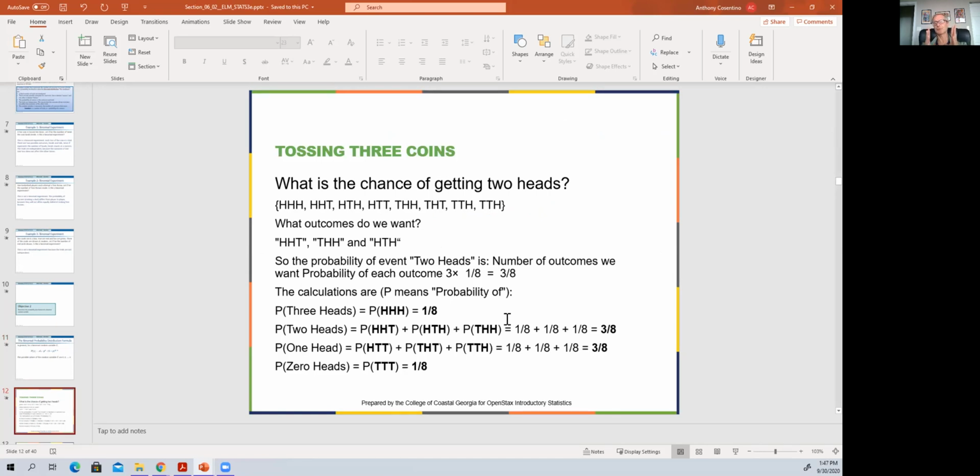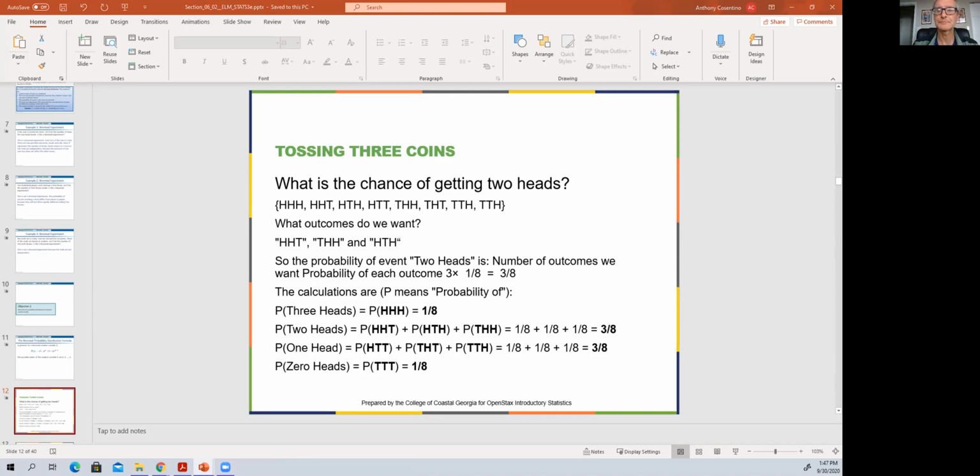So you're tossing 3 coins, and we know the probabilities of all these. Let's say, what is the probability of heads? The idea of our variable is getting a head. How many possibilities are there? Do you remember, we're flipping 3 coins.